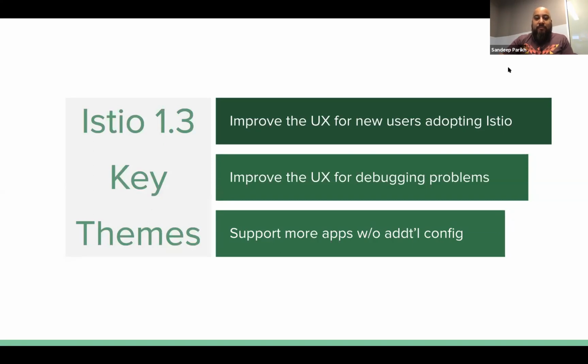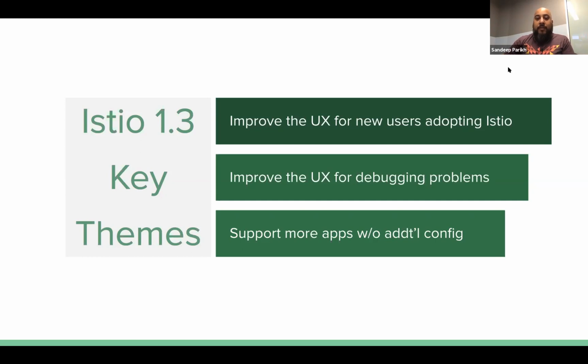So Istio's key themes for 1.3: if you remember, 1.2 was really around a lot of internal machinery. How do we improve a lot of the internal processes to make releases more predictable from a quality basis, more predictable from a timing basis? Now that work is done with 1.2, we turned 1.3 and took a look back outward and said, how do we improve the user experience for new users adopting Istio from day zero?